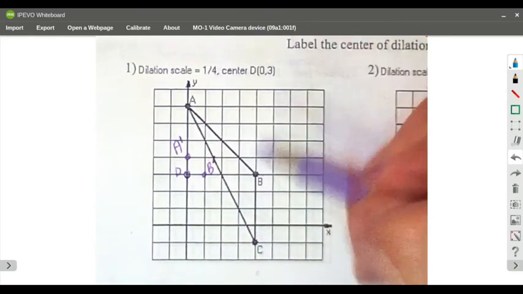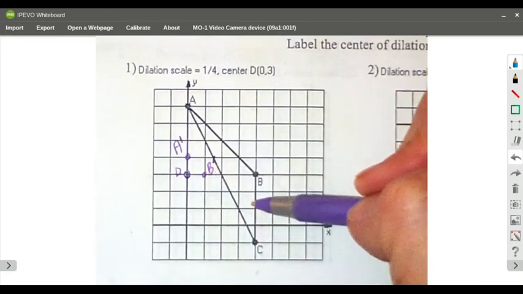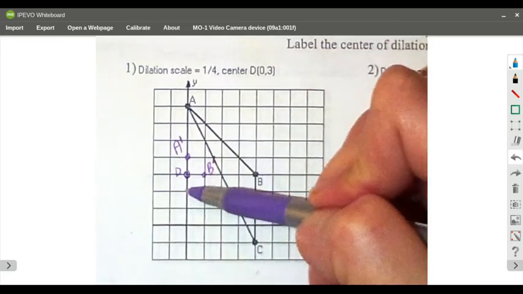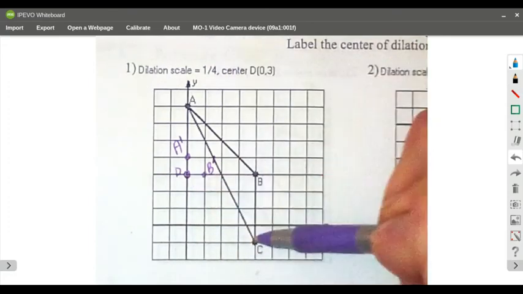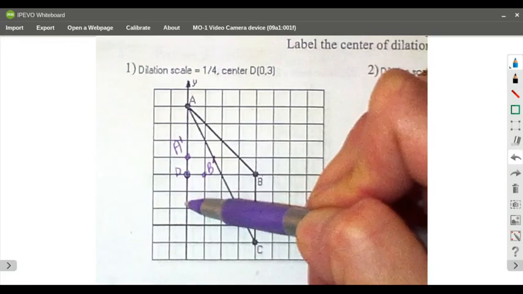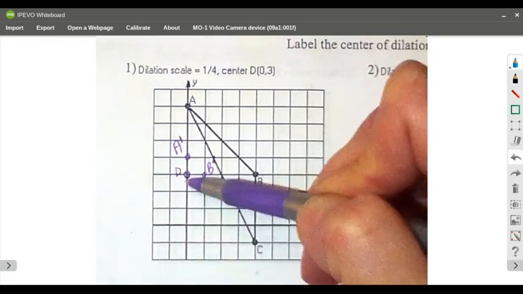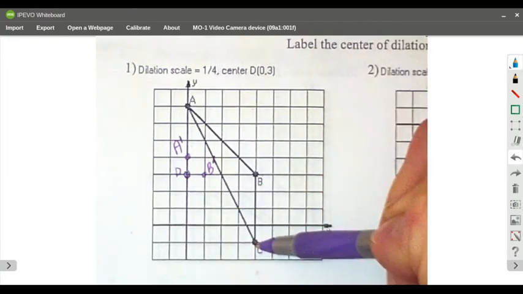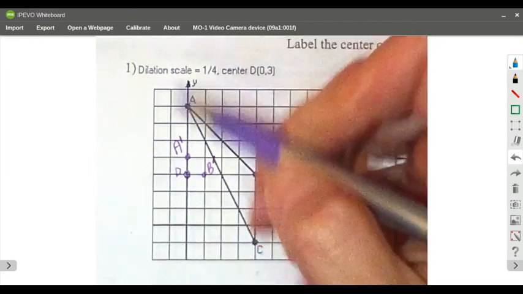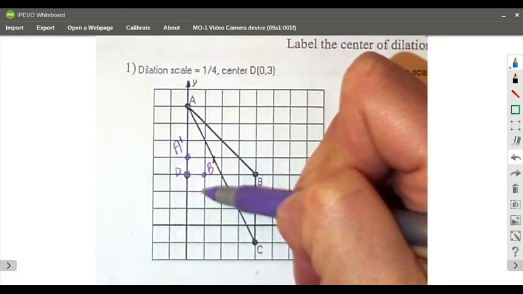So rather than counting diagonals, because sometimes it can get messy if it's not right in the middle, I'm not going to show you that. I'm just going to count down and to the right, or right and then down. So from D to C, I'm going to go down 1, 2, 3, 4, and then right 1, 2, 3, 4. So I'm going to cut those two paths, 4 and 4, by 1/4. So instead of down 4, right 4, I'm just going to go down 1, right 1. So that's going to be my C prime.